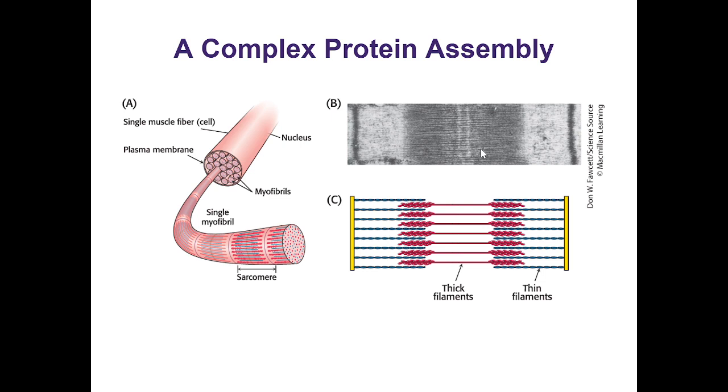Okay, so this is a complex protein assembly. Here we have a single muscle fiber. This is going to be composed of different units. And so we have the microfibrils. If we take a microfibril and extend it out, we have a sarcomere, which are the individual parts of the microfibril that are assembled together.